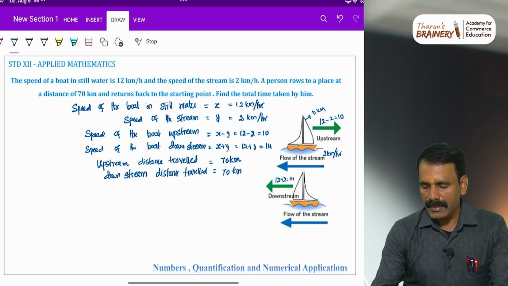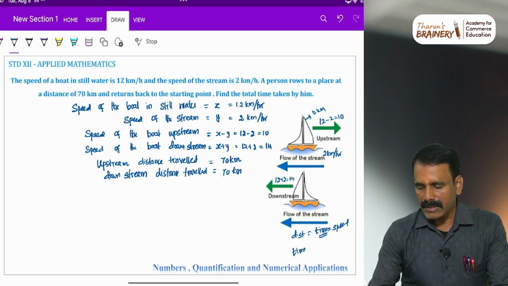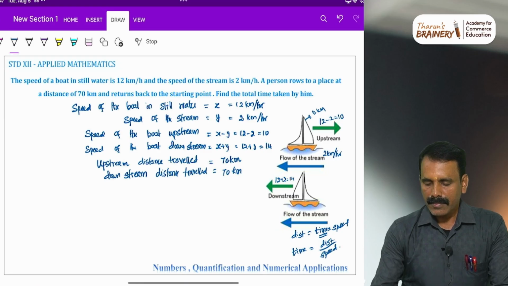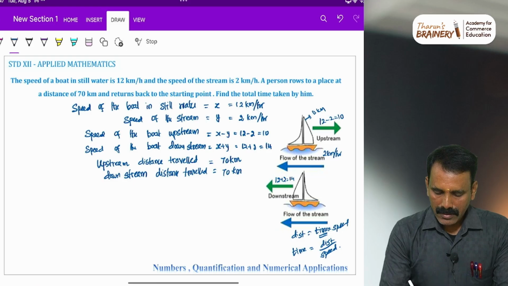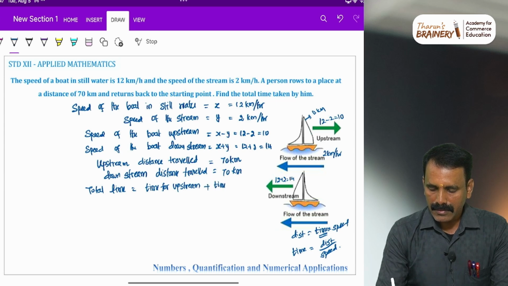Now how to find time? We have the formula. Distance is nothing but time into speed. Now we are going to concentrate on time. So time is nothing but distance by speed. So total time will be time for upstream travel plus time for downstream travel.